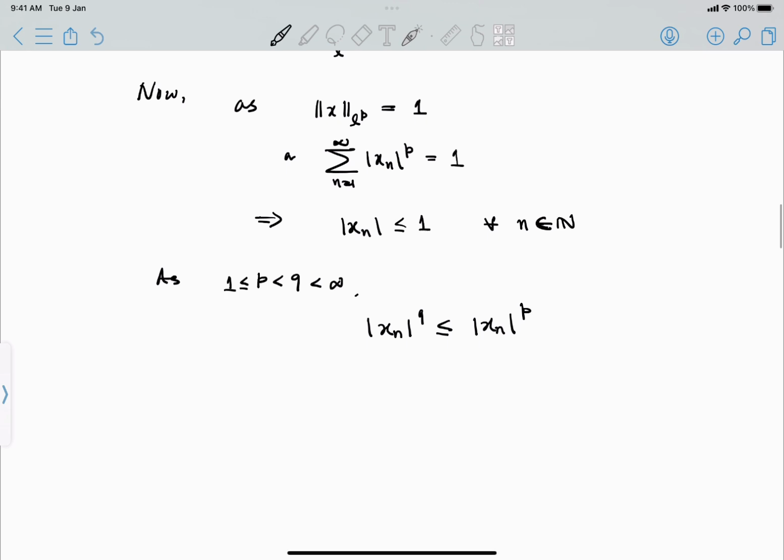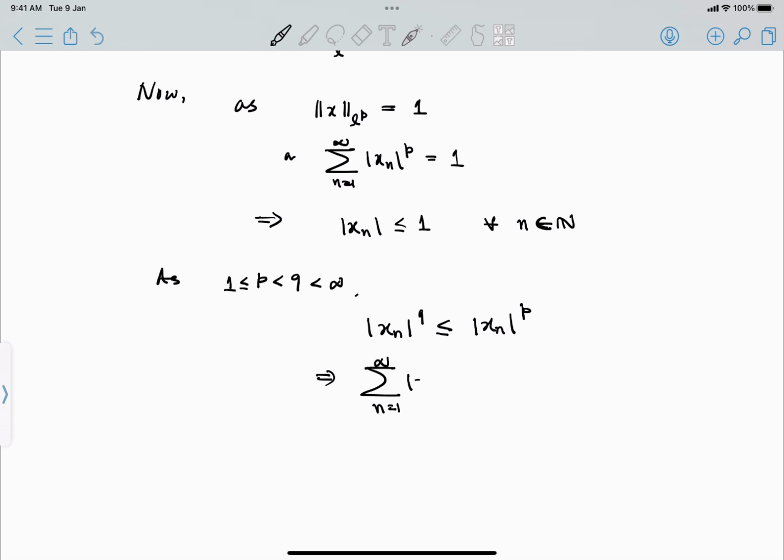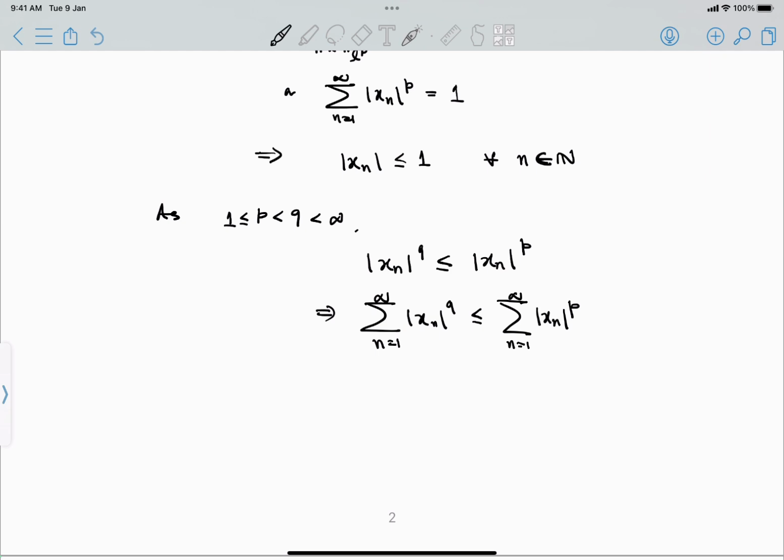Now take the summation over n from 1 to infinity of |xn|^q, which will be less than or equal to the sum of |xn|^p.